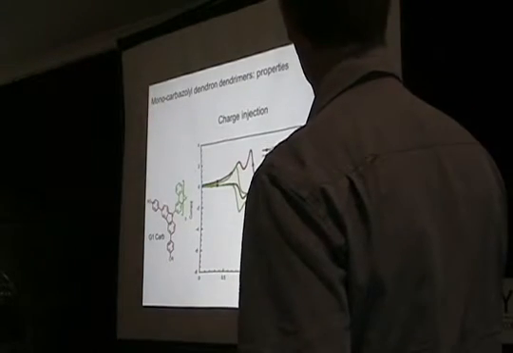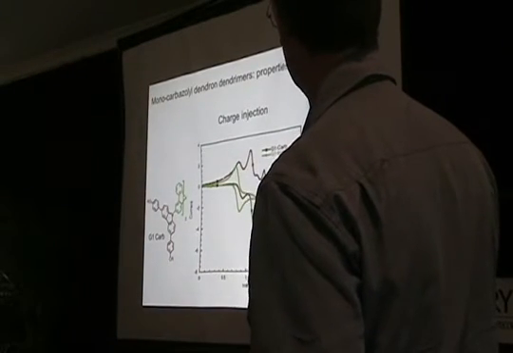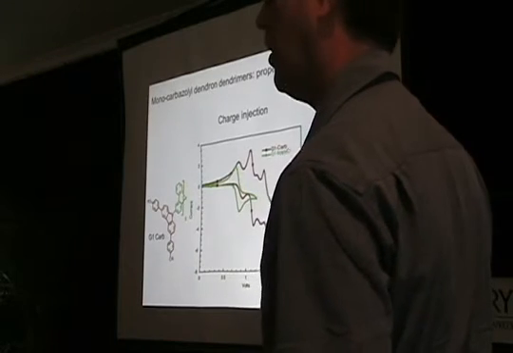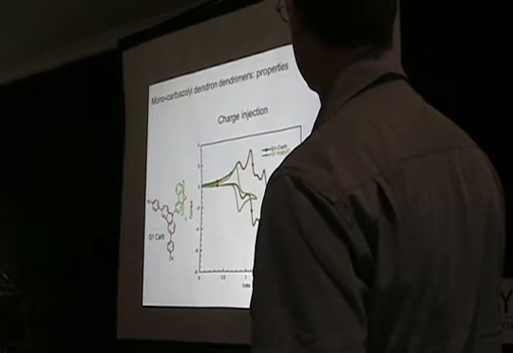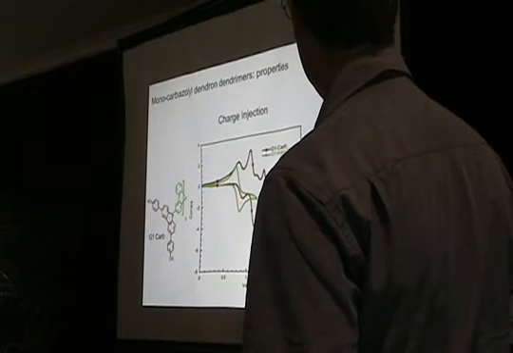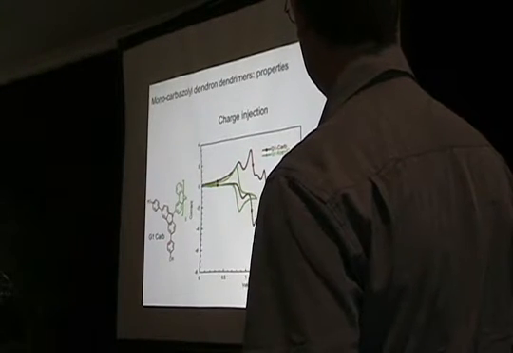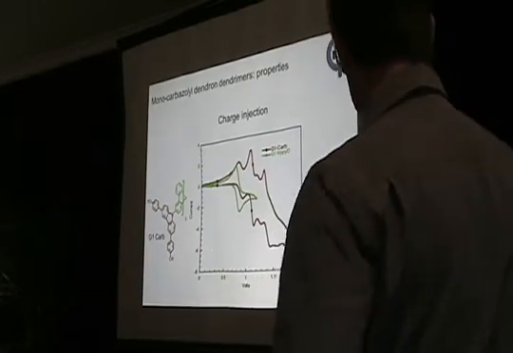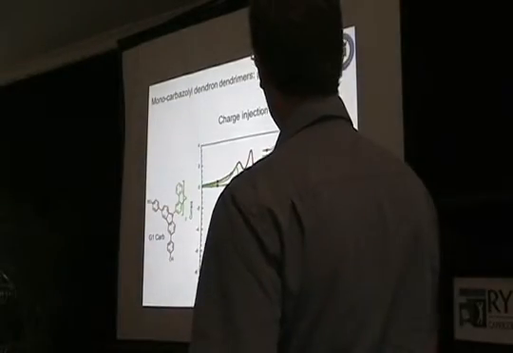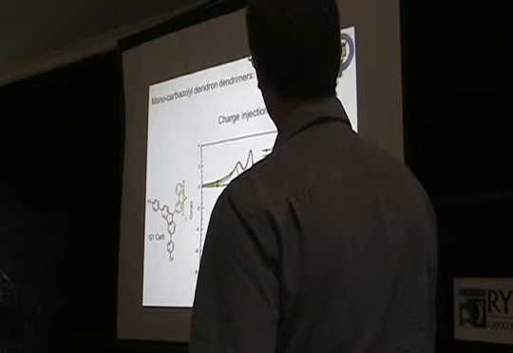Well, this is the original dendrimer I showed you. We saw a single oxidation, and this is the electrochemistry of this particular dendrimer here. And you can see it's much more rich in electroactive species. There's a lot more going on here. At first sight, I think, that's quite interesting.